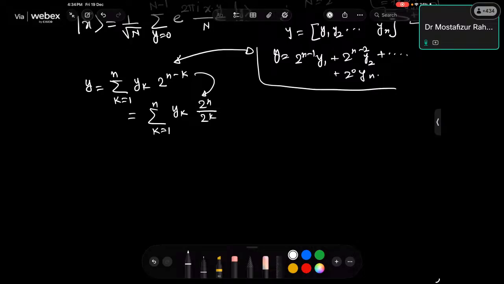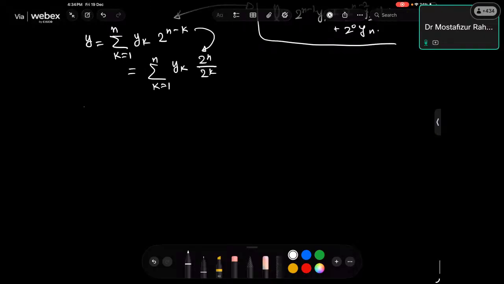And then this x tilde will become 1 upon square root N, summation over y equals 0 to N minus 1, e to the power 2 pi i x, and for y I can write the binary representation yk by 2 to the power k.